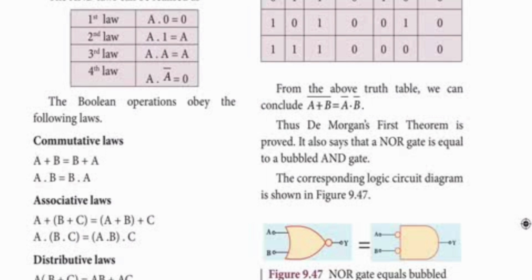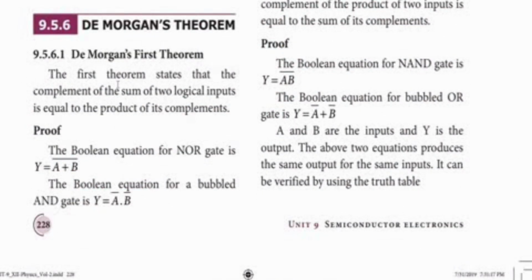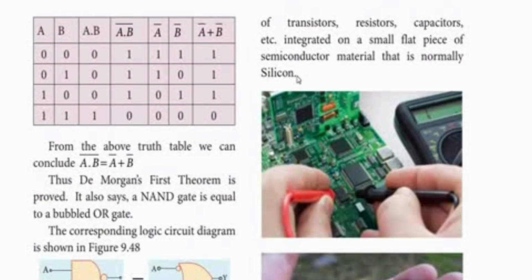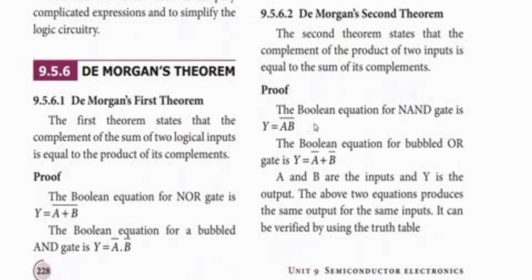The first law is that the complement of the sum of two logical inputs is equal to the product of its complements. Next is De Morgan's second law, which is also similar.